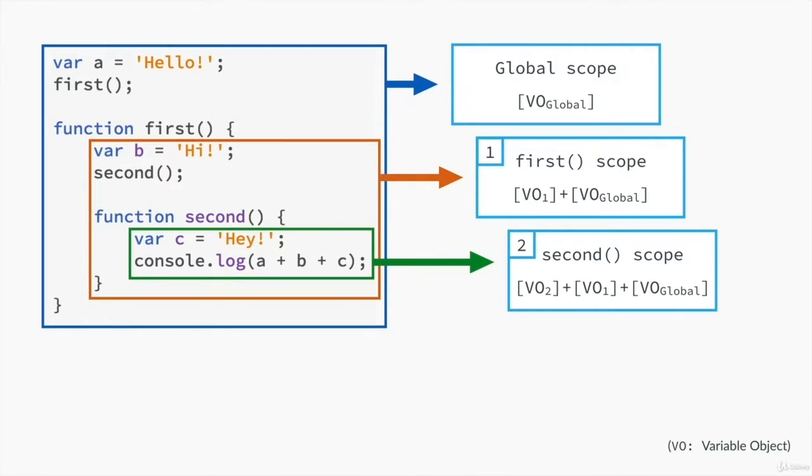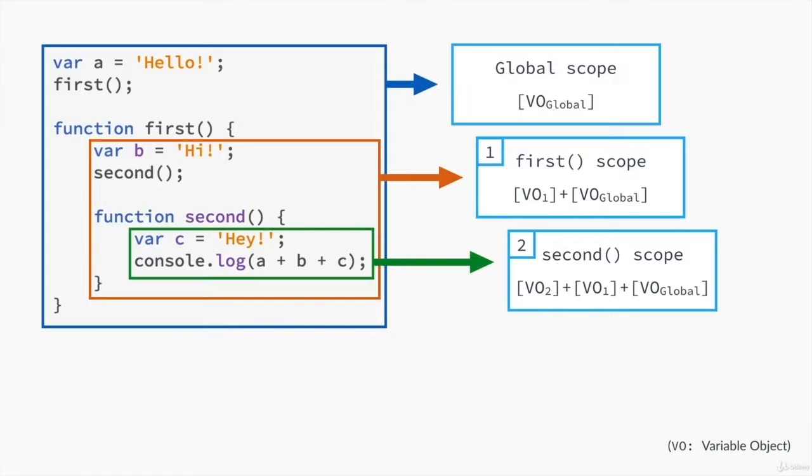And finally in green, the scope of the second function. In there we have a console.log statement which attempts to print the values of variables a, b, and c. Now, these variables are not defined in that function, only c. But as we already know, a scope has access to the scope of the function in which it sits lexically.